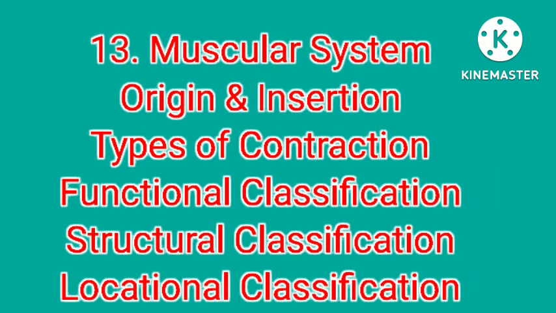Then we will study the structural classification of muscles, flat shape, triangular shape, circular shape, parallel shape muscle, etc. Then we will look up the classification according to location, like skeletal muscle, smooth muscle, cardiac muscle, and then we will study voluntary and involuntary muscles.